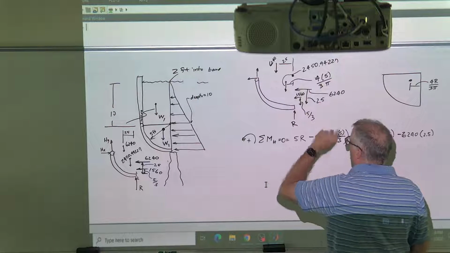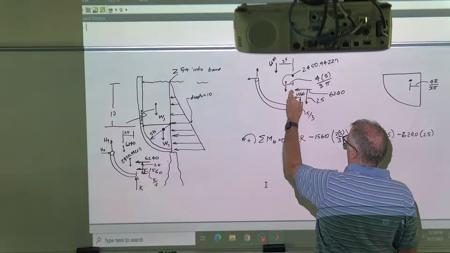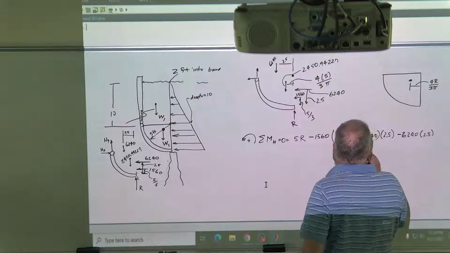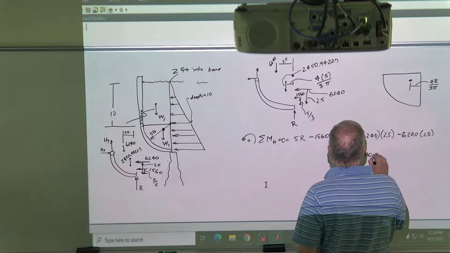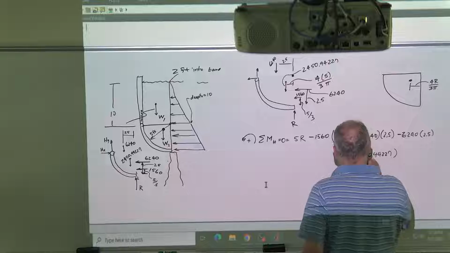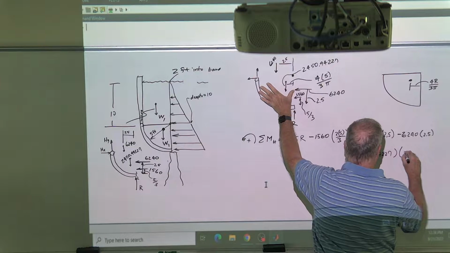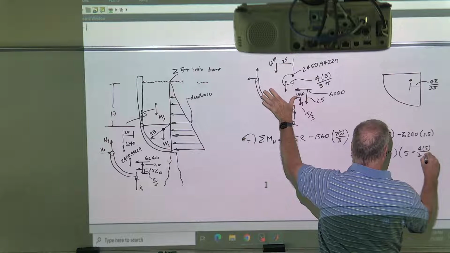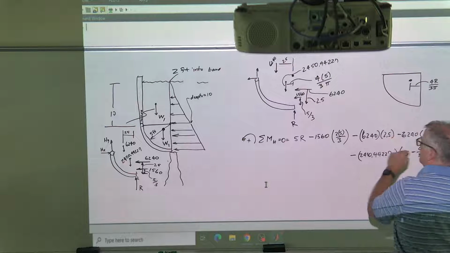So all of these forces are working against this R. And it is 2450.44227 times that distance, which would be 5 minus 4 times 5 over 3 pi. And you can solve all that and get your reaction force.